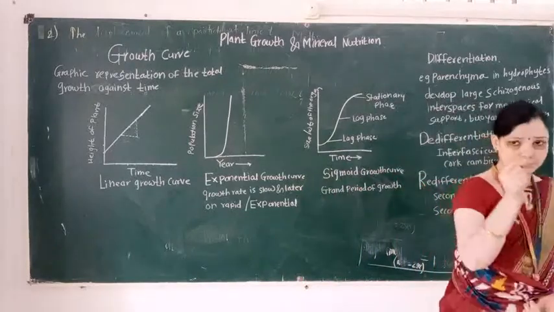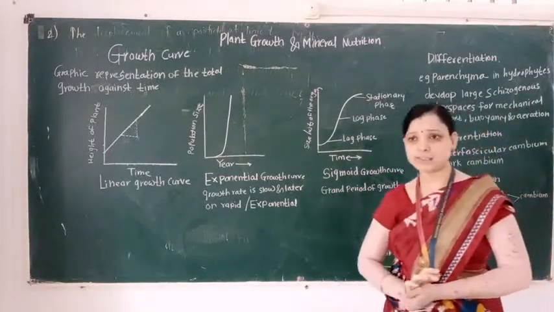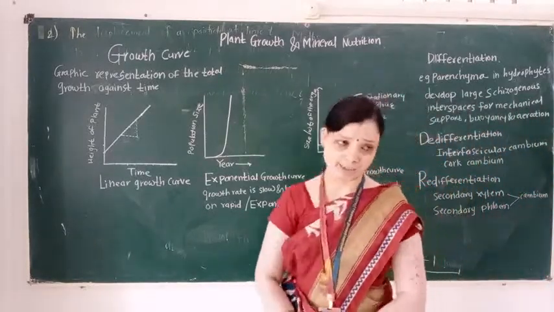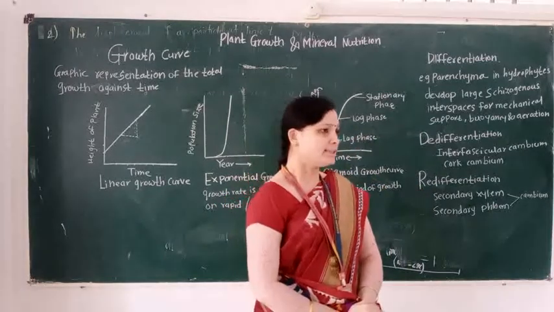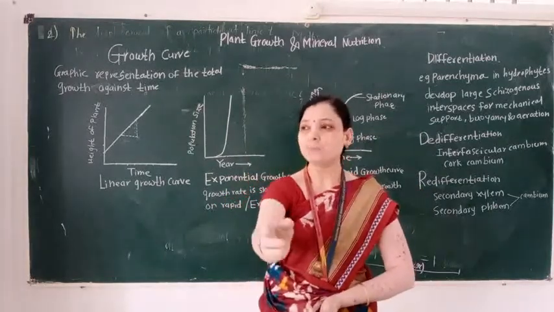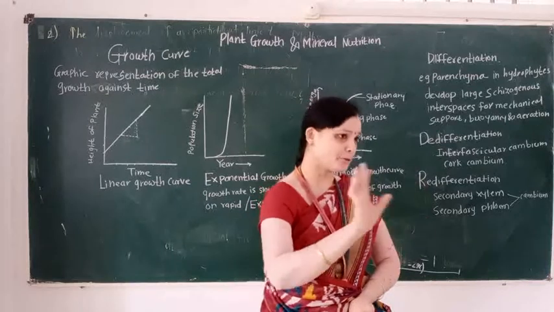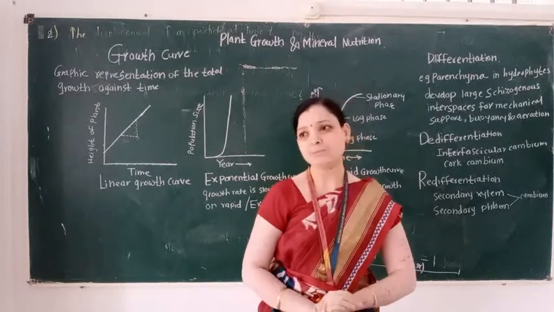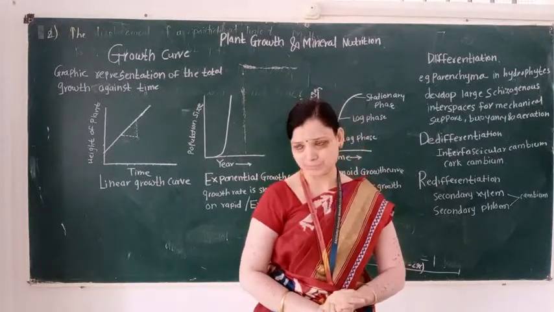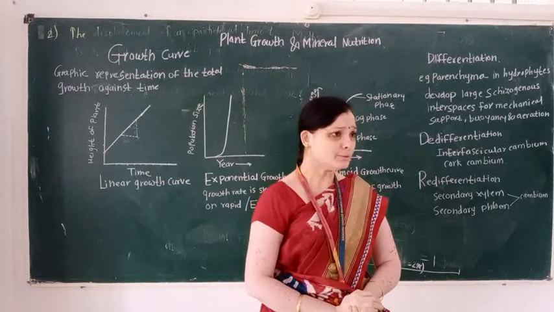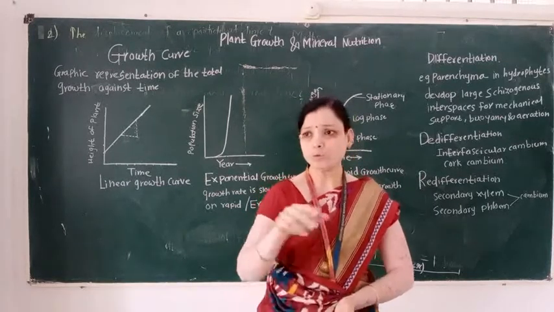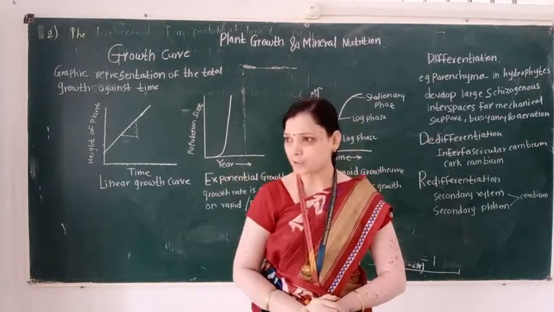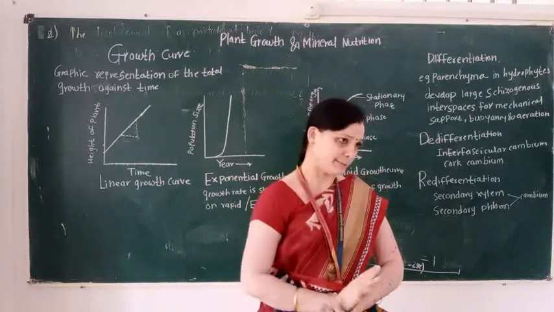You observe the first concept, that is differentiation. The simple meaning of differentiation is maturation. So students, we know how many types of plant tissue. There are two types.